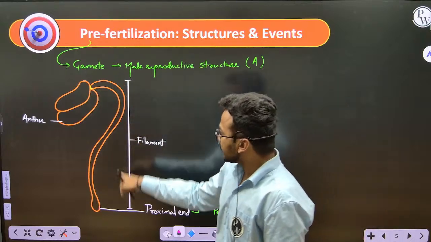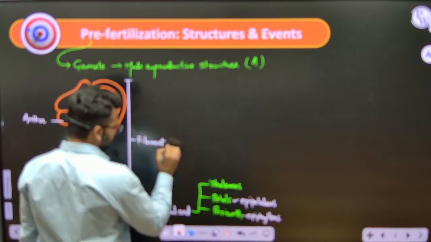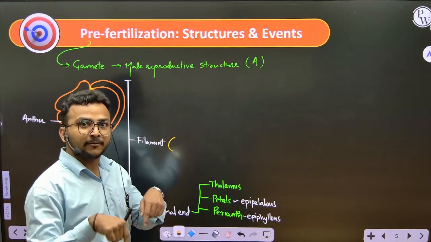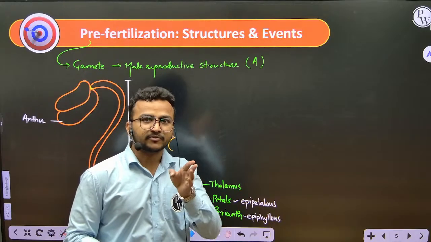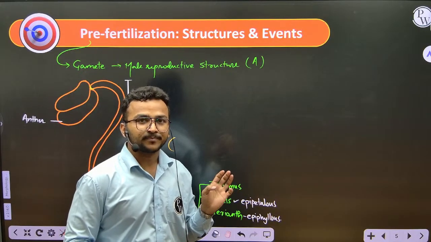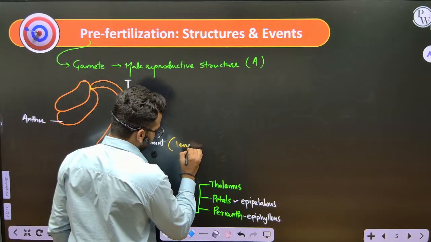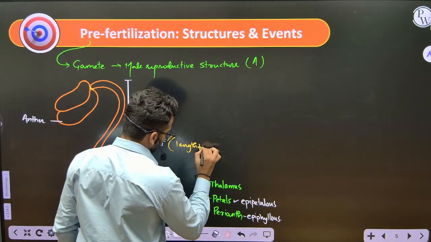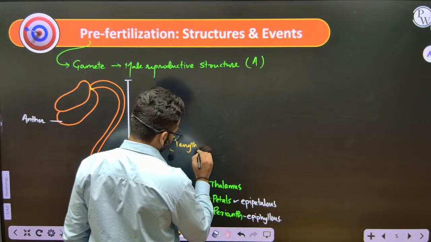Even when you are reading the NCERT of 12th, you will get to see this. So the length of the filament differs in different plants.